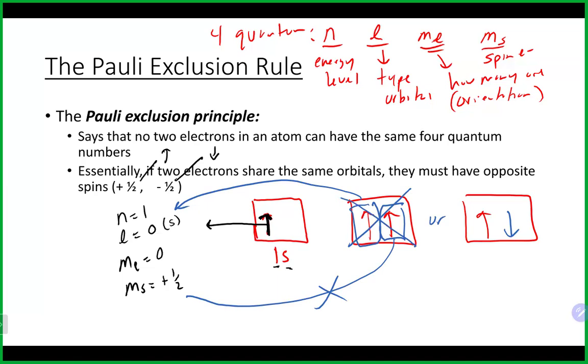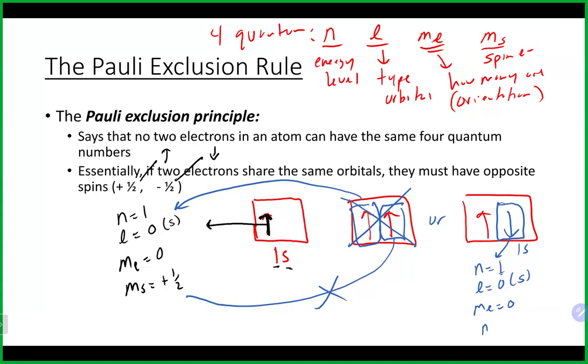How we get around it is when the second electron goes in, it actually has to go in the opposite direction. Now, just to show you how we get around it, the 4 quantum numbers for this, which you would not be asked to ever do in this class, is N is equal to 1. L is still equal to 0 because it's still an s orbital and it's still on the first energy level. The M sub L is 0.